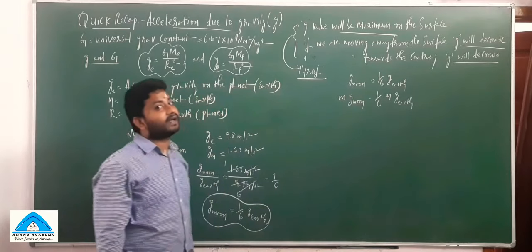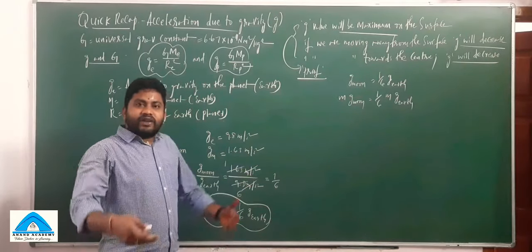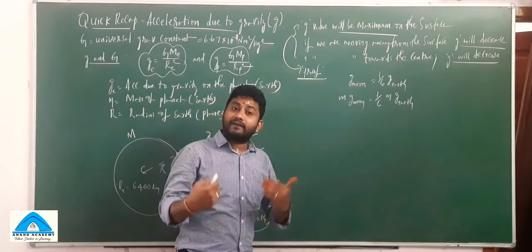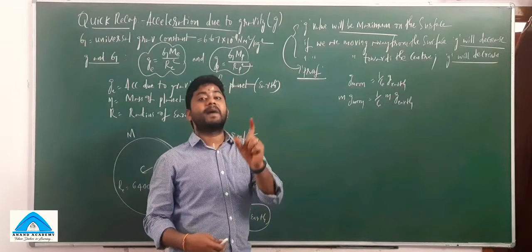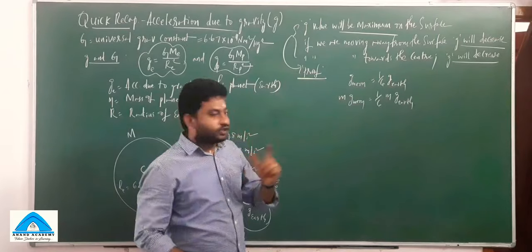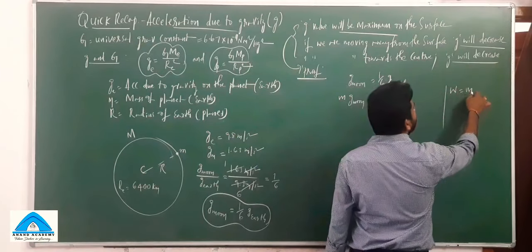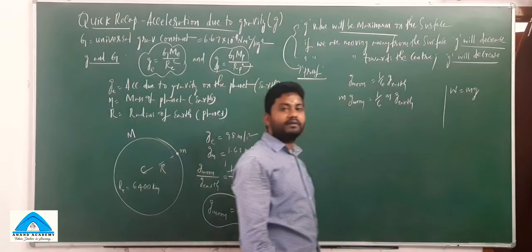And the most important part you get here: we had discussed at the starting point of the chapter called gravitation the difference between mass and weight. So what was the weight actually? Weight of an object is equal to mass into acceleration due to gravity.